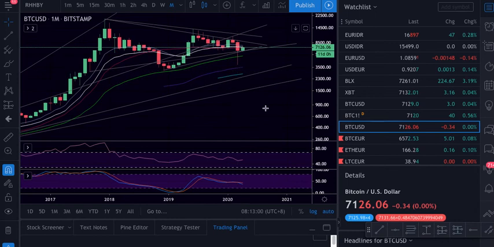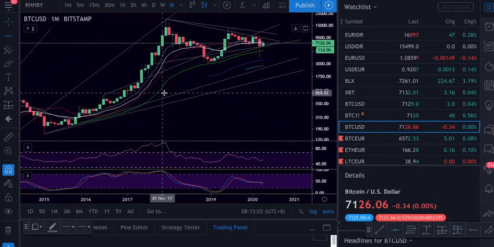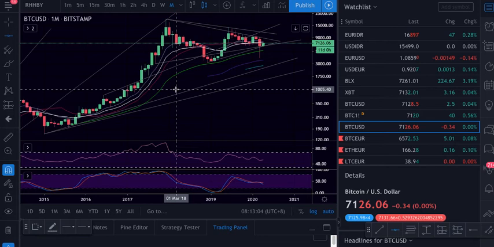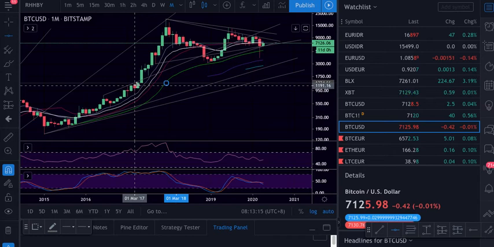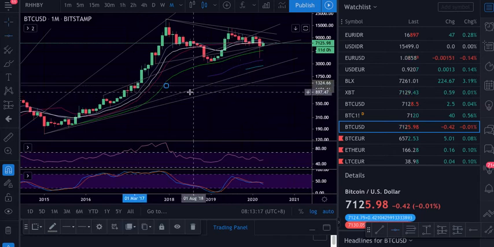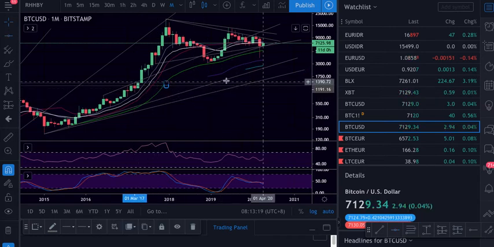So this is the monthly, and on the monthly now we draw the horizontal ones. I have this important area here. And yeah, this is the area if we crash big time.